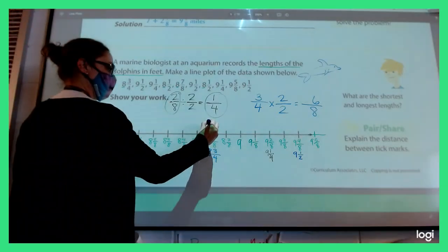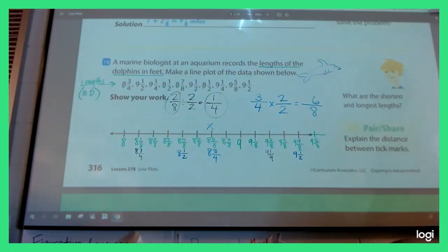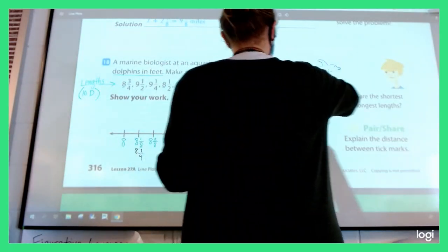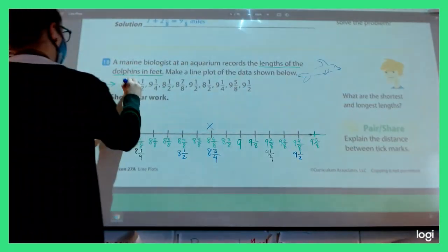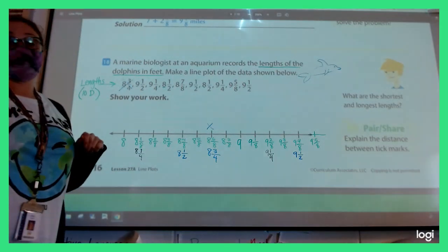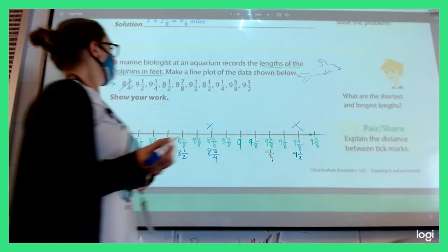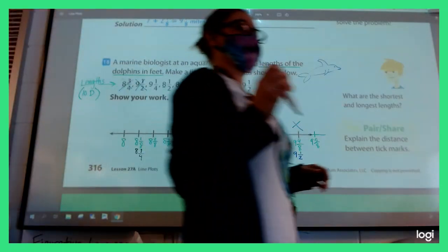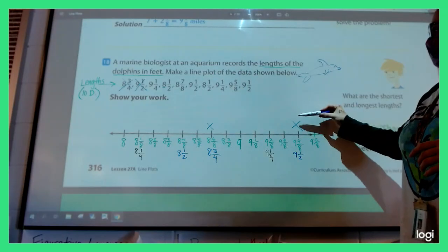So I'm just going to put an X. Now I actually need to erase my work so we've got room for the line plot. All right, one value done. Right, 9.5. We already marked it. That's just easy now. 9.5, put an X. Done with the second one. Okay, go across and do all of your values. Find where they belong. Remember, if you have more than one value, you start making a tower.